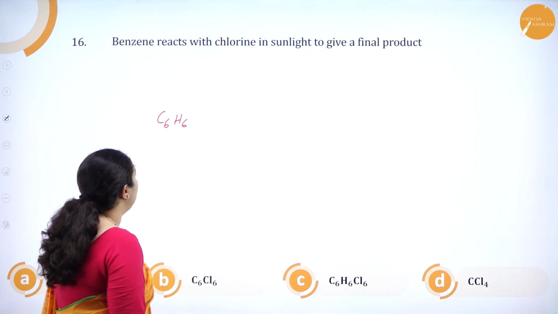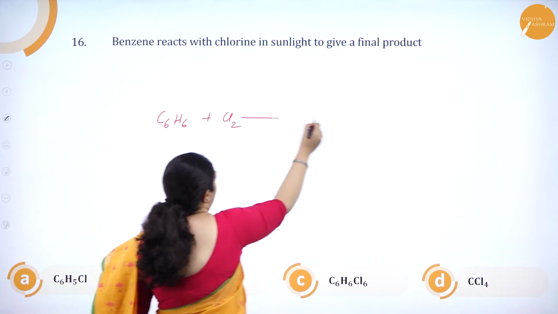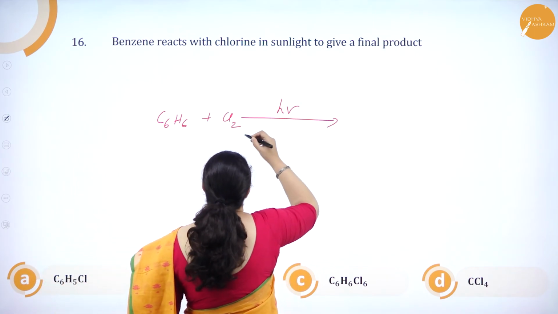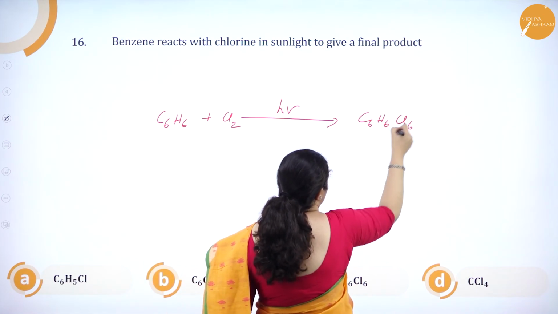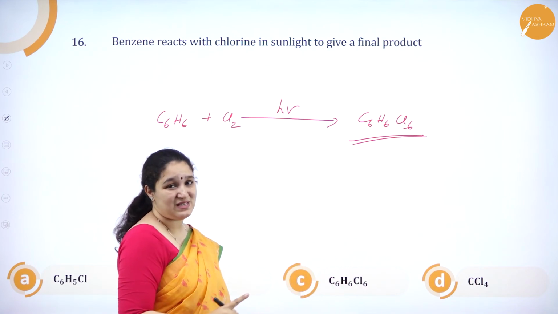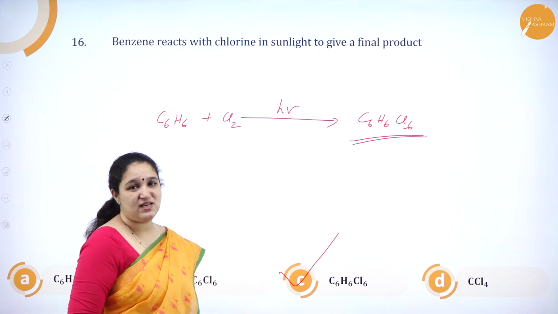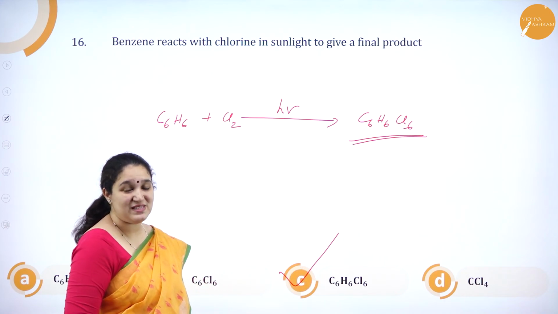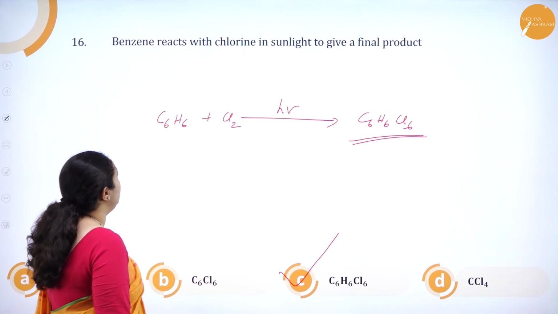Benzene reacts with chlorine in the presence of sunlight to give C6H6Cl6, which is called benzene hexachloride or gammexane. So the answer is C6H6Cl6, benzene hexachloride.